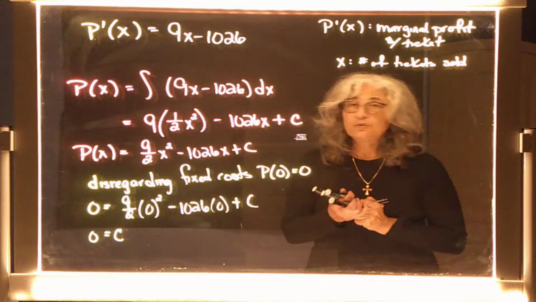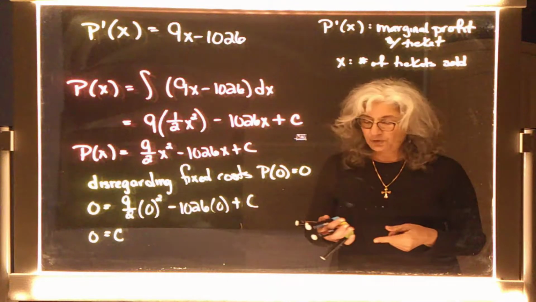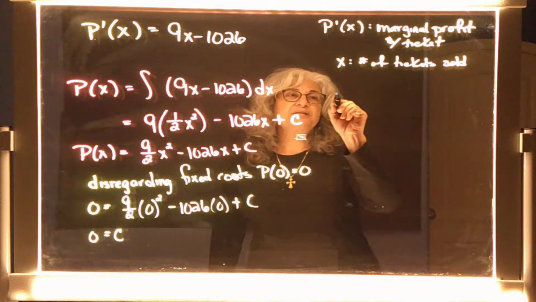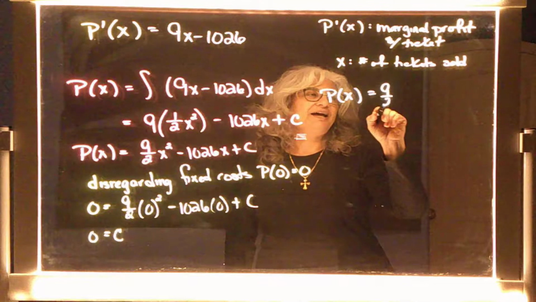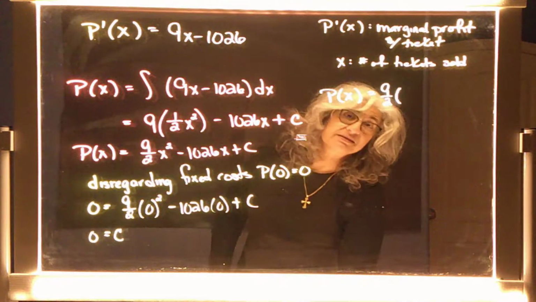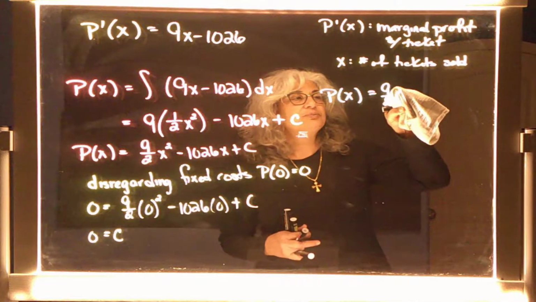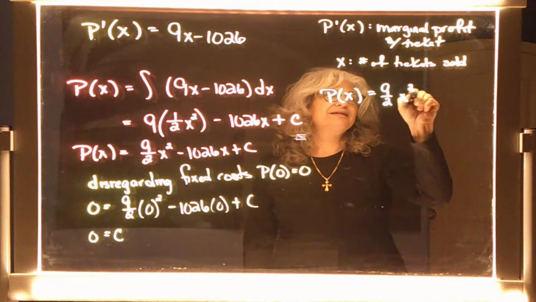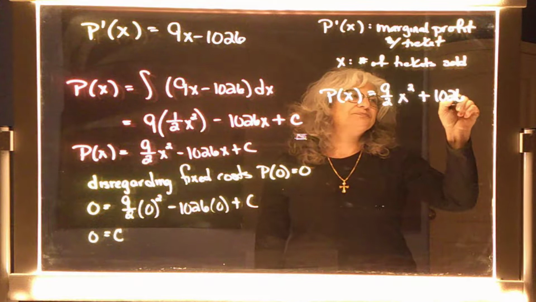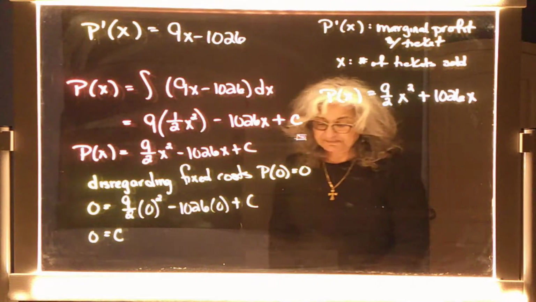All right. Well, that makes sense, yes? Okay. Which means the profit function we are actually working with is 9/2 x squared minus 1026x, because the c is now 0.